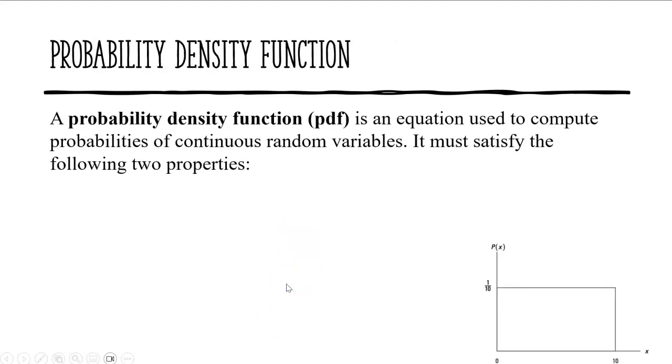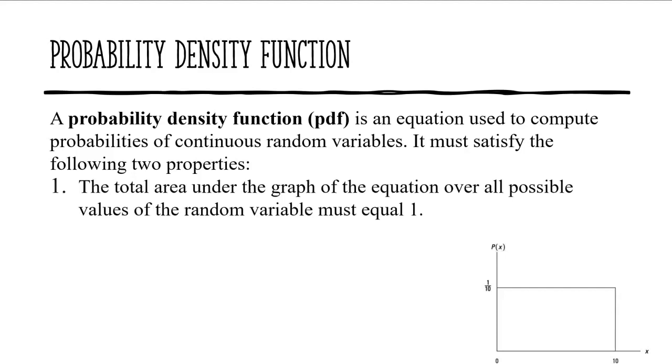All right. Now, a probability density function, PDF, is an equation used to compute probabilities of continuous random variables, and it must satisfy these two properties, okay? One, the total area under the curve over all possible values of the random variable must equal 1. And basically, I'll show you how to find the area under the curve in a moment, but that area has to equal 1.